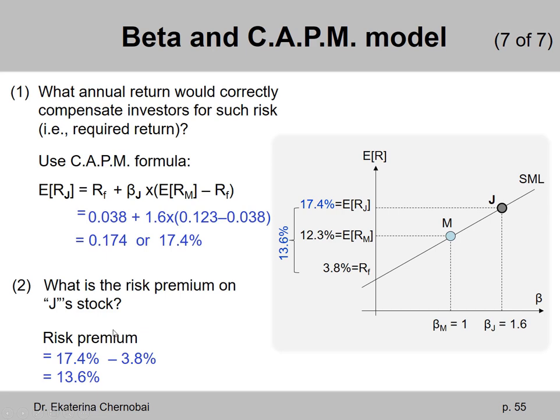It's how much additional return an investor earns above the return for treasury bills. So treasury bills is like a benchmark. And we earn 13.6% better return if we buy something riskier, like firm J stocks, rather than something completely risk-free, which is the treasury bills.